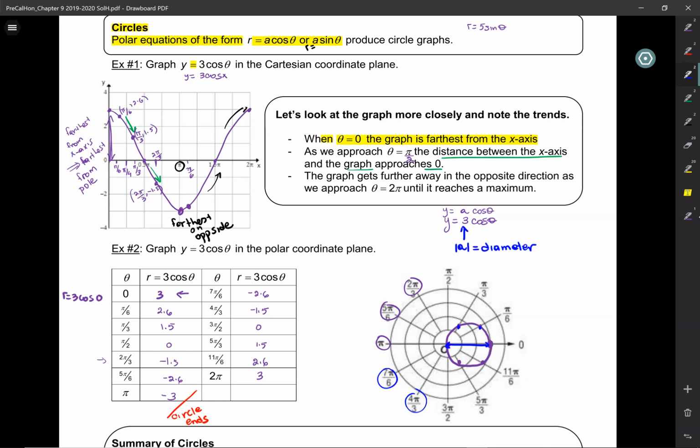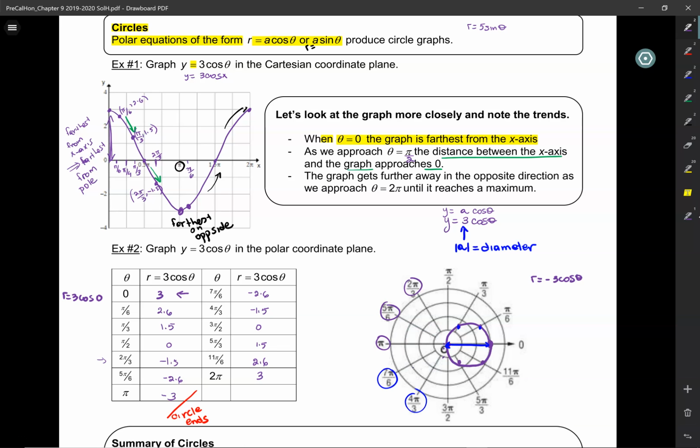Okay, so what does it mean then if I had r equals negative 3 cosine theta? Well, negative 3 means it would just have been graphed on the negative side of the polar equation axes. Okay, all right.